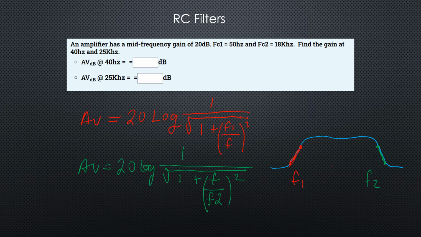So notice though in this question it's giving us in terms of 20 dB. So we're at 20 dB right here. Let me change that color. So there's our 20 dB. So our 20 dB mark is right here across the top, right in our midband.